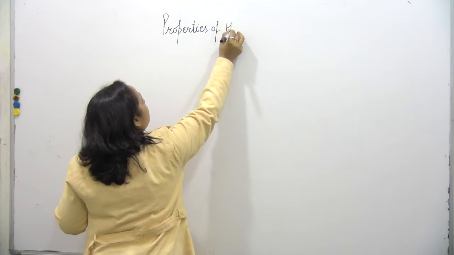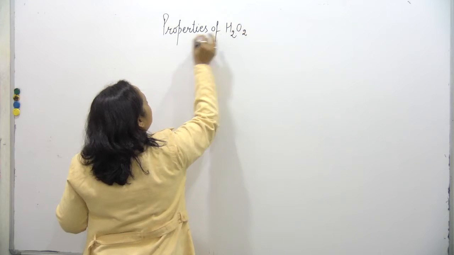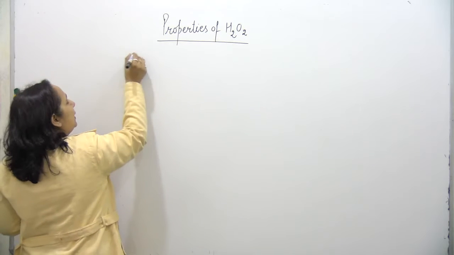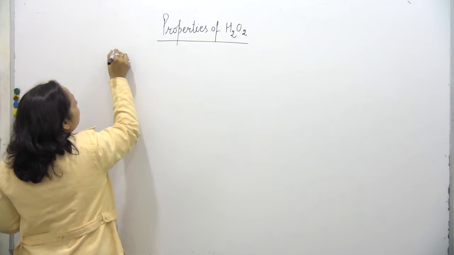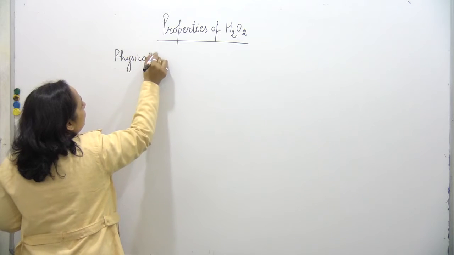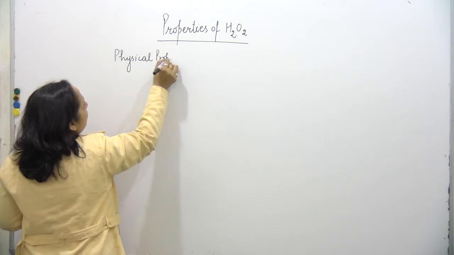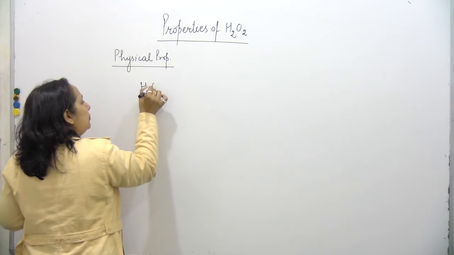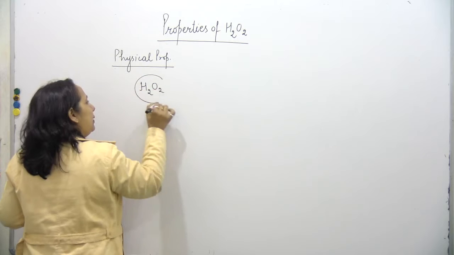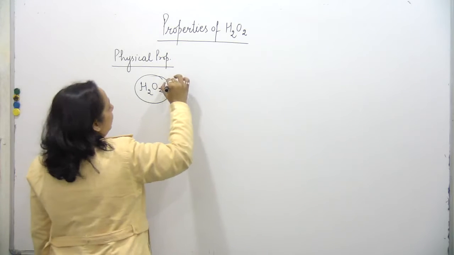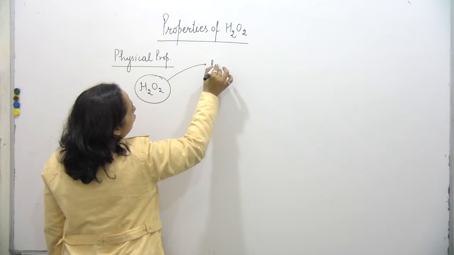Properties of hydrogen peroxide. We have physical properties first. H2O2 is a liquid at room temperature.